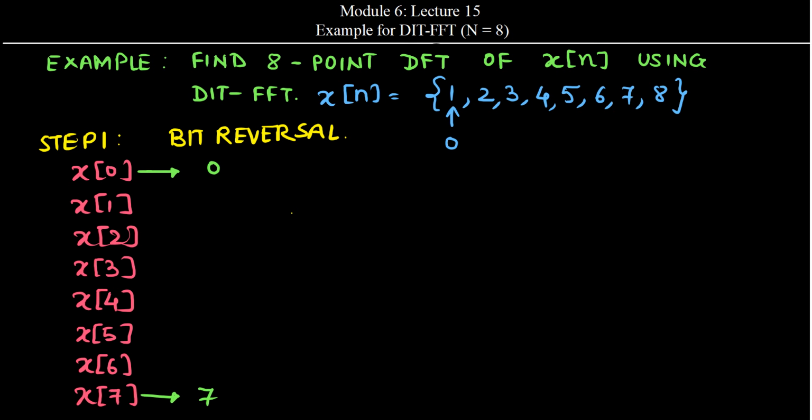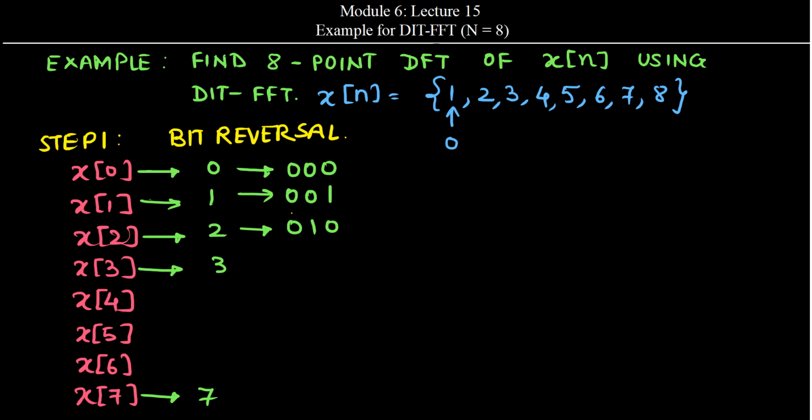So we are going to consider the 3-bit binary representation. That can be given as 0, 0, 0. This 1 can be represented as 0, 0, 1. This 2 can be represented as 0, 1, 0.